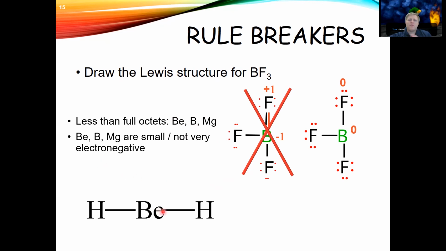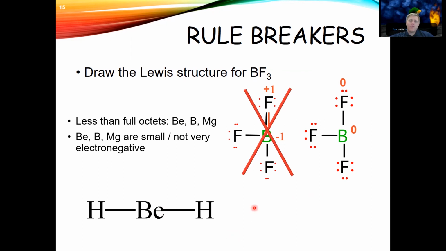The reason that beryllium, boron, and magnesium behave this way is because they're all relatively small and they're not very electronegative. And so they're just not going to have the strength to pull more electrons to themselves. So they're kind of stuck in this middle realm where they're never quite achieving everything they want in life.